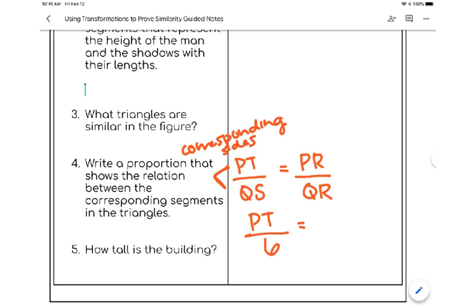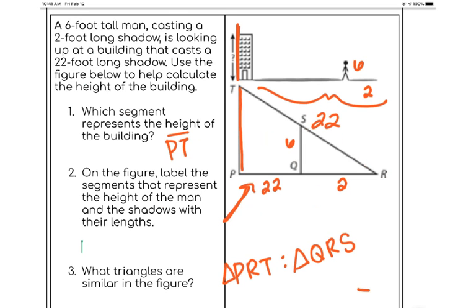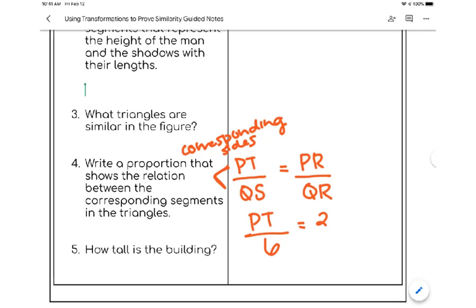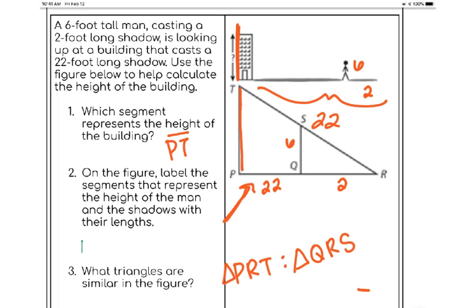And then PR. PR is going to be the shadow of the building plus the shadow of the man. So we know that that is 22 plus 2, which is 24. And then QR is 2.